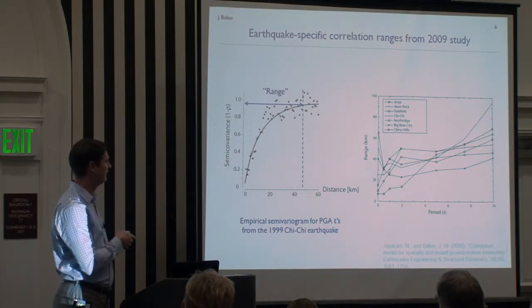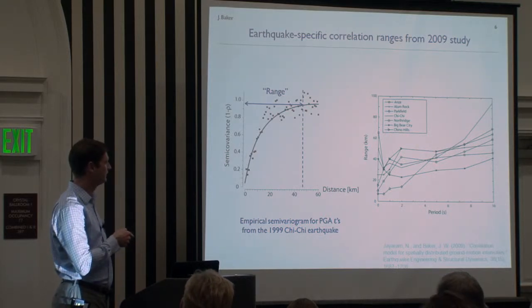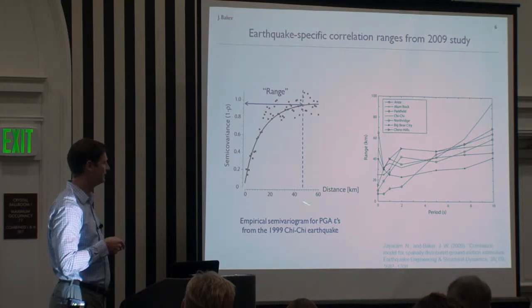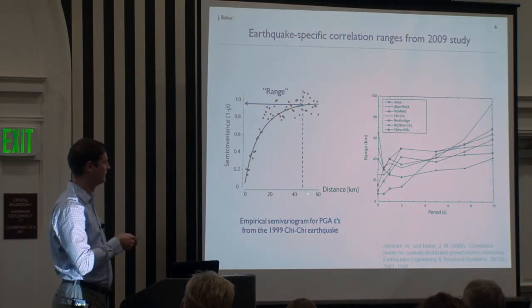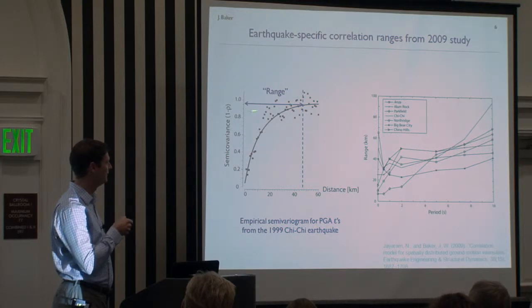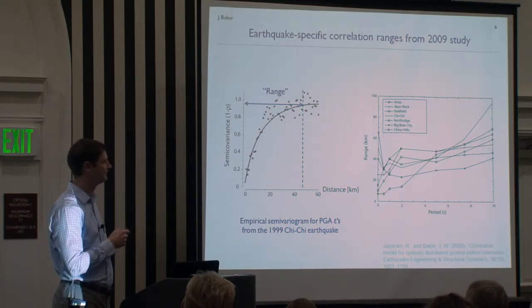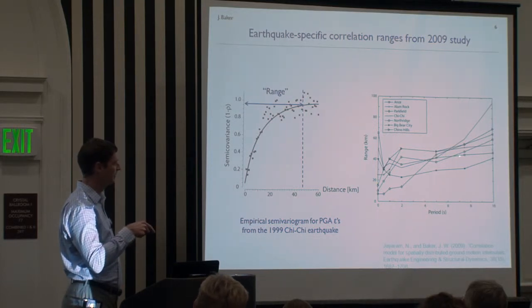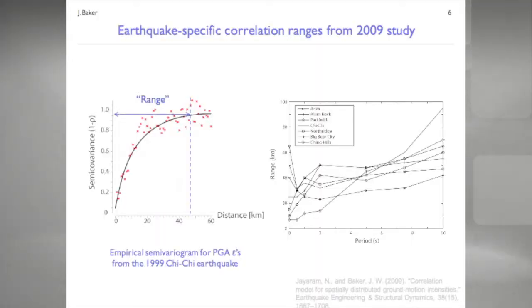This is 1 minus the correlation coefficient with separation distance, and this is the PGA total within-event residuals from Chi-Chi. You go out to some distance, in this case about 50 kilometers, at which you've lost all your correlation. That range is plotted over here versus the spectral period, one line for each earthquake. Sorry, I just grabbed it quickly, so I don't have a color version.